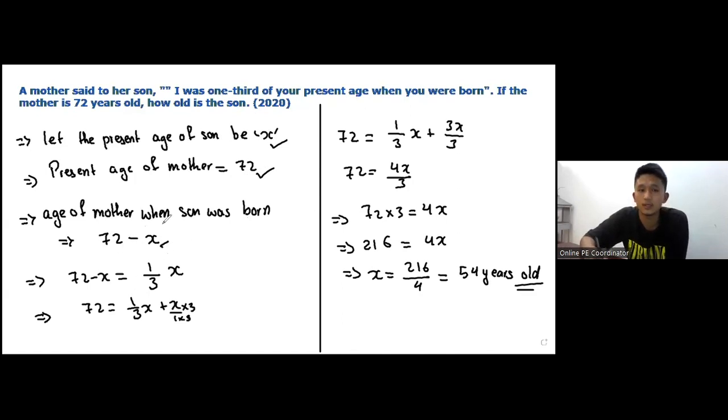The mother was 1/3 of your present age when you were born, so 72 minus x is equal to 1/3 of his present age, 1/3 x. When you solve this, you will get the value of x, that is 54 years old. So the present age of the son is 54 years old.